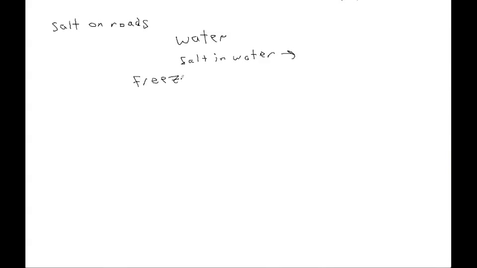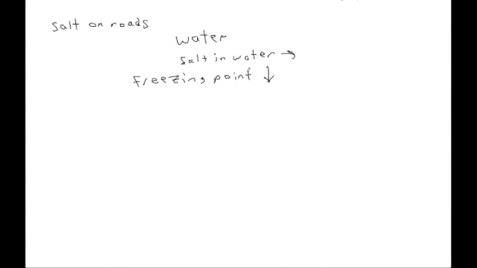It's going to increase the boiling point. You said it was going to increase the boiling point? I think that's right. Yeah. What's going to happen to the freezing point of the water? Oh, the freezing point is going to decrease.